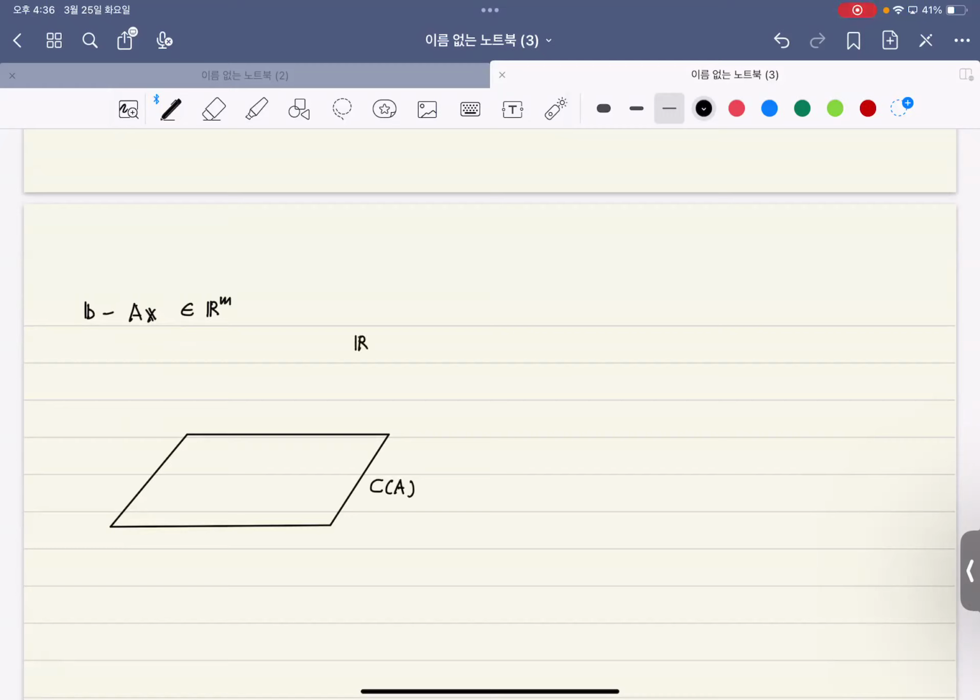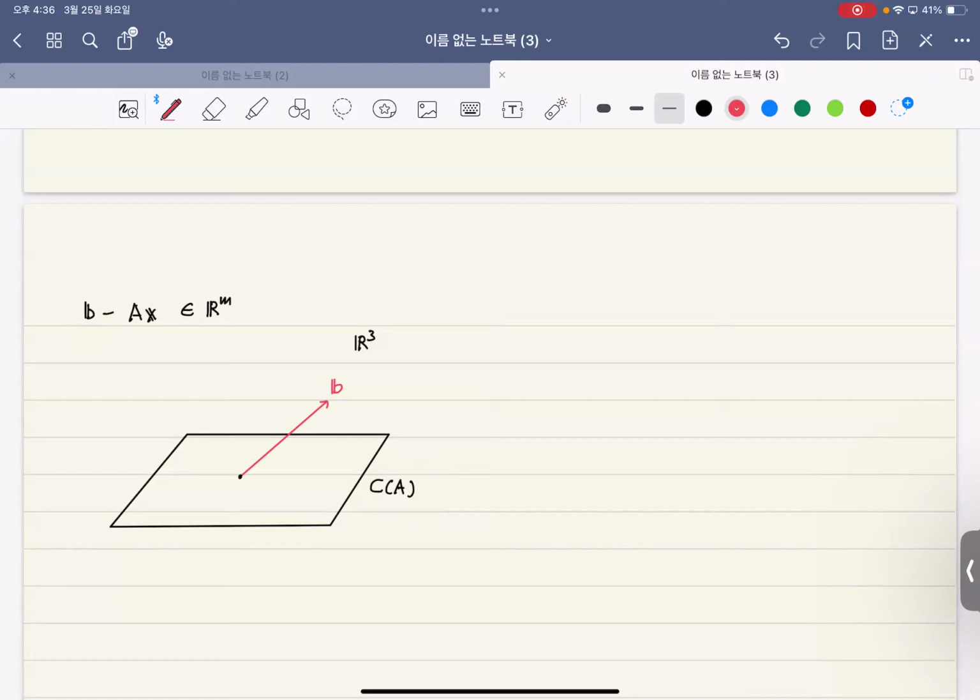This entire three-dimensional space is R3, and this is the origin, and let this plane stand for the column space of A. And my b was not in the column space, so I'm going to say this is my b.